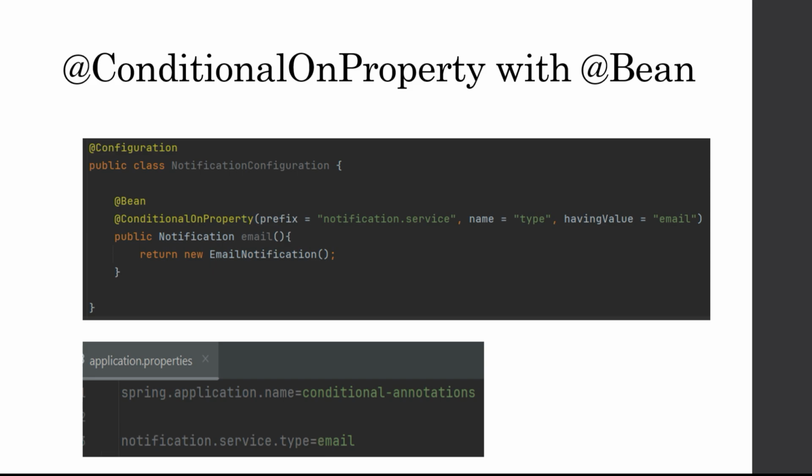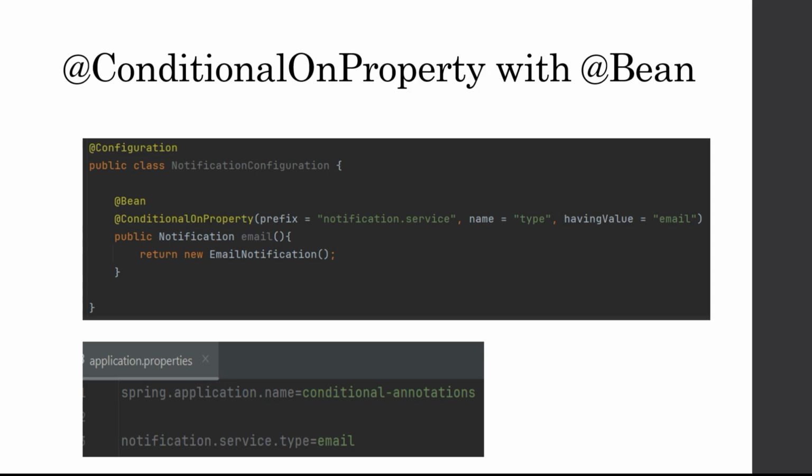When the Spring application starts, before creating the bean for email notification, Spring will combine the prefix and name attributes' values, and then it will read the value for this property from the application.properties file.